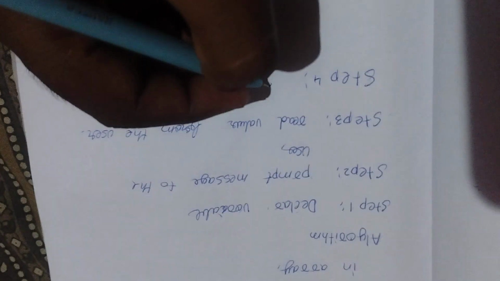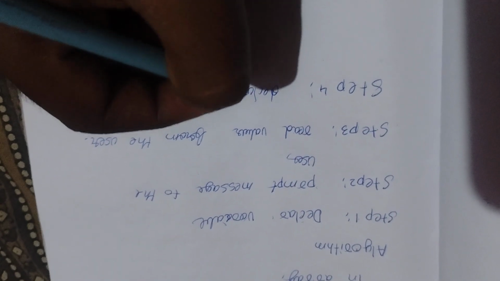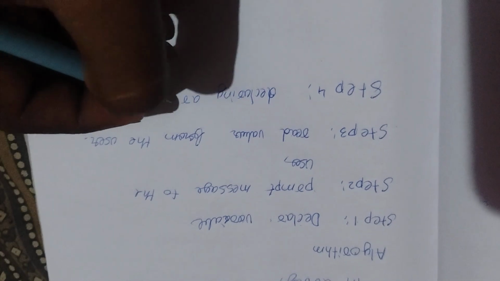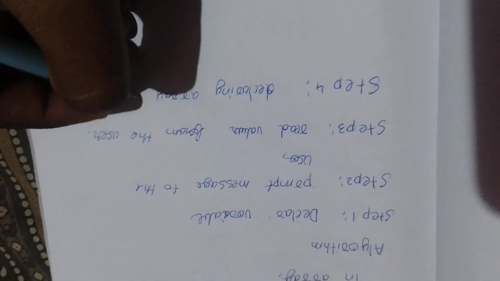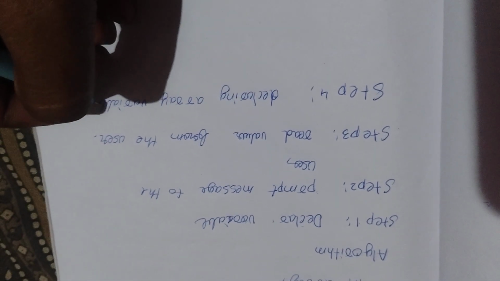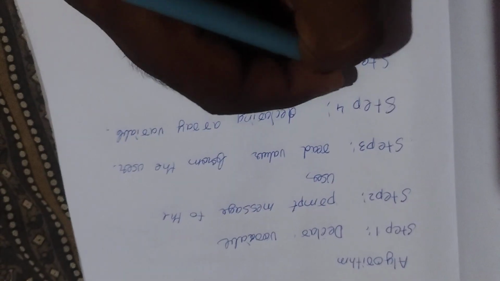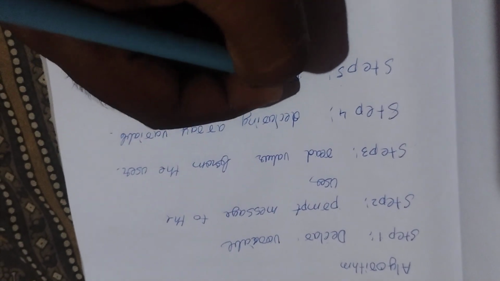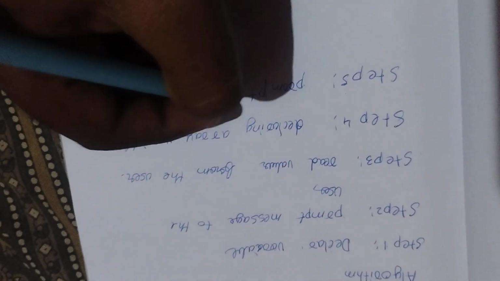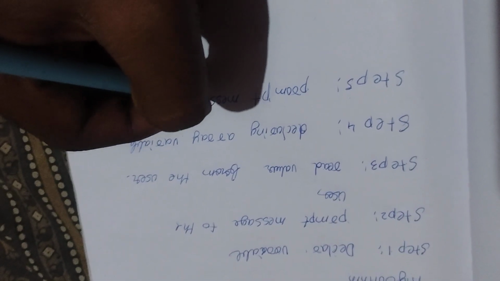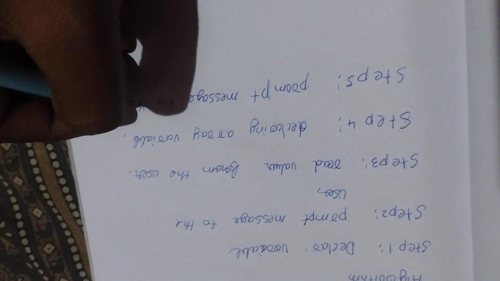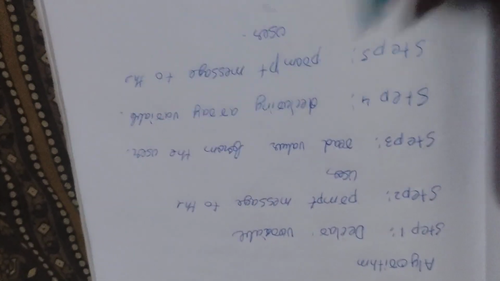Step 4, declaring the array variable. After successfully declaring the array variable, the next step is to prompt a message to the user.